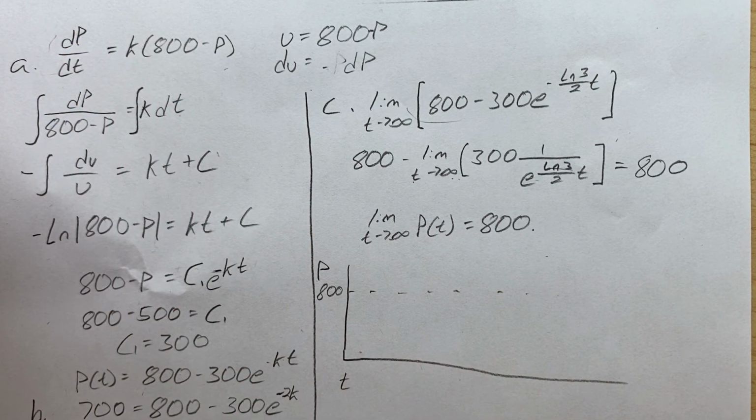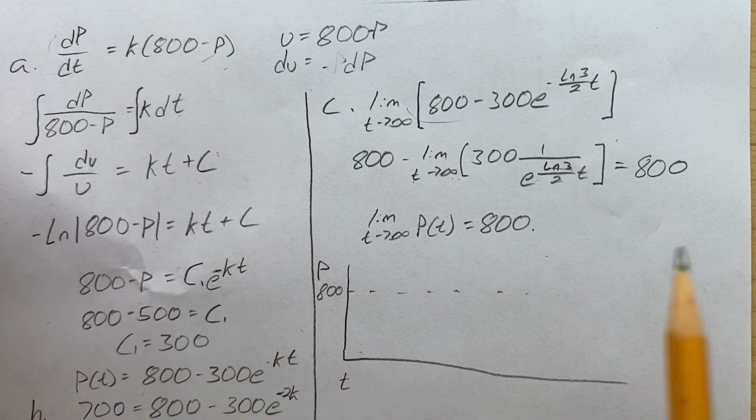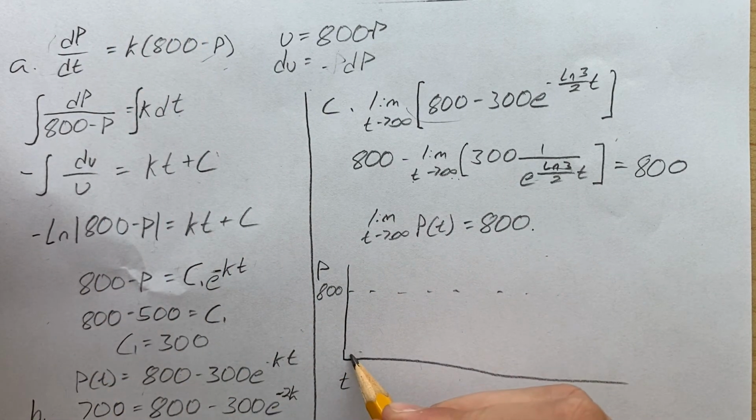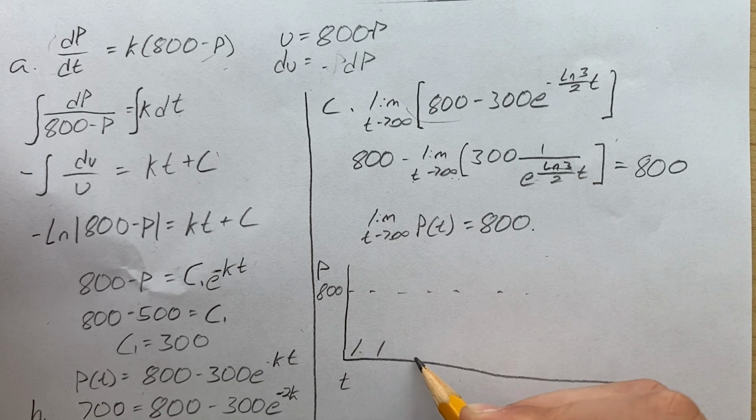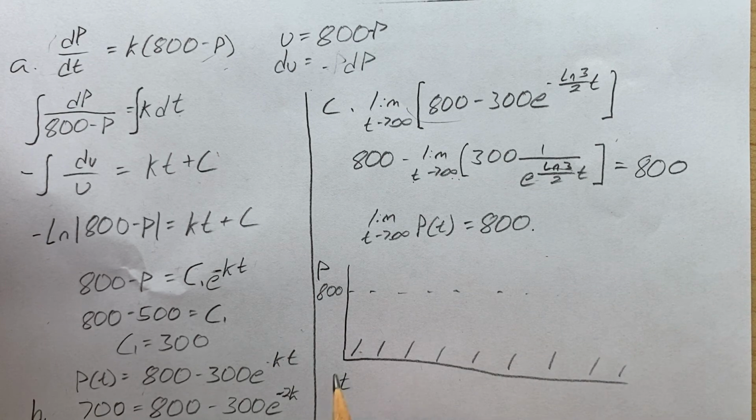Now, when p is roughly equal to 0 around this area, this is going to be roughly 800k, which means the slope is going to be really positive. I'm drawing a slope field here, if I didn't make that clear already. It's going to be super positive all the way down.